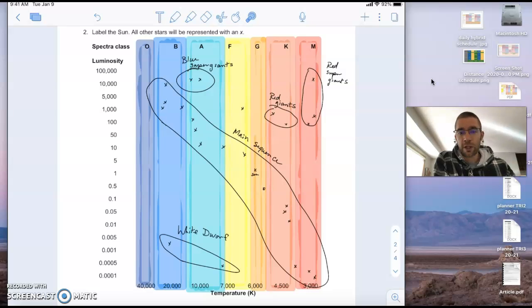And what you created here is an HR diagram. And so an HR diagram is completely based on the temperature of a star and the luminosity of a star. And it can tell us a little bit about the stars themselves, in particular where a star is in its life cycle. I talked about this main sequence being a stage in the star's life cycle. And hopefully you saw that most of the stars that you graphed ended up on that main sequence.